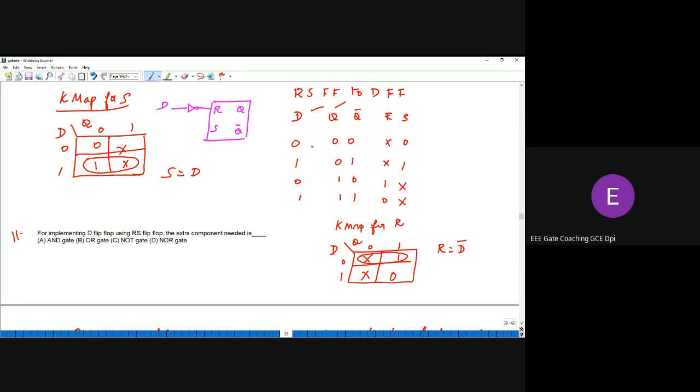R is equal to D bar. Then S is equal to D. Block. So now, if I consider this area, this becomes nothing but your D flip flop.